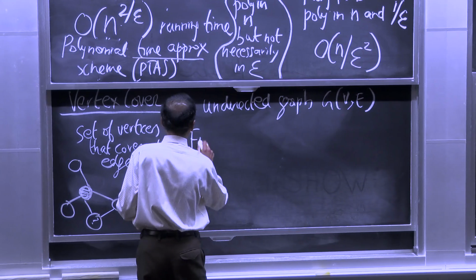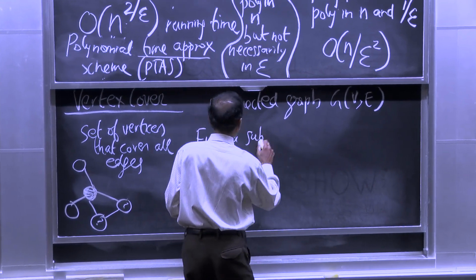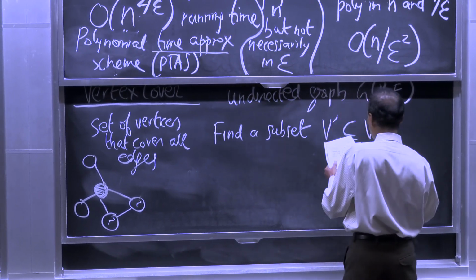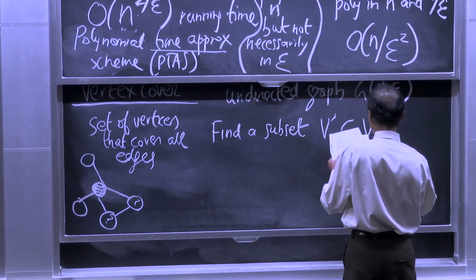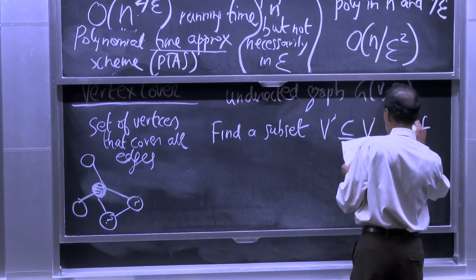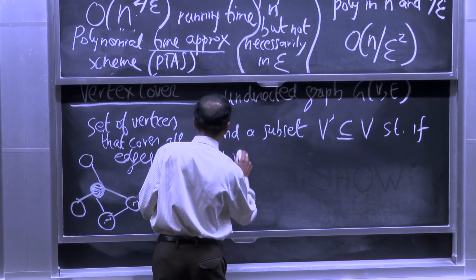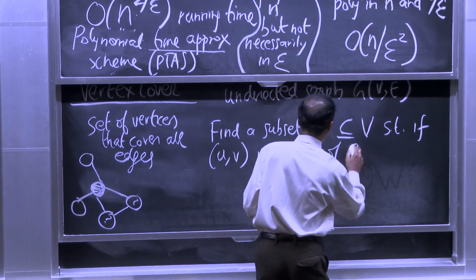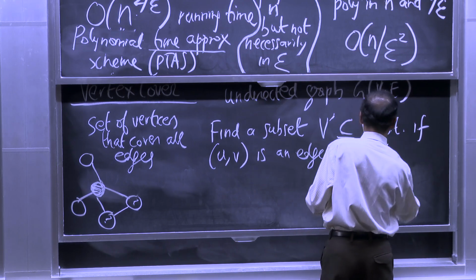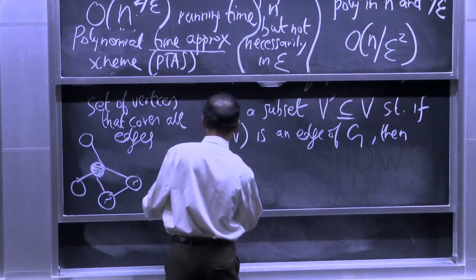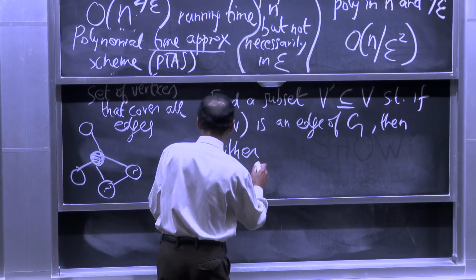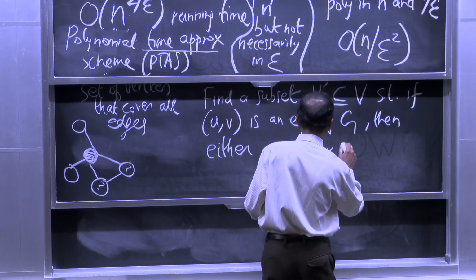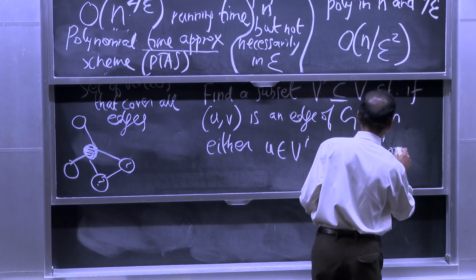And just to write that out, find a subset V' of V such that if (u, v) is an edge of G, belonging to E, then we have either u belonging to V' or v belonging to V', or both.